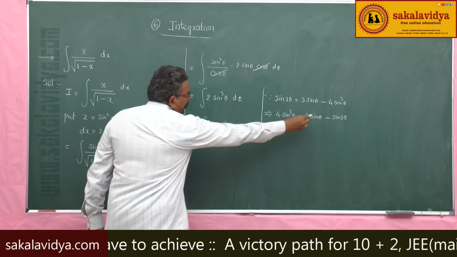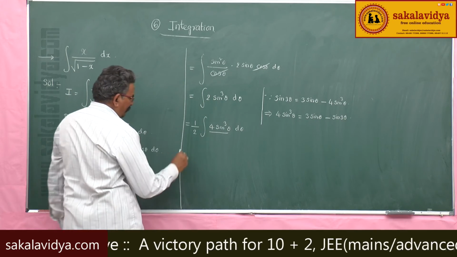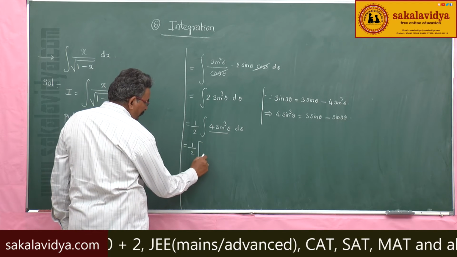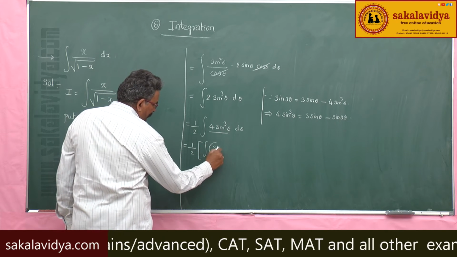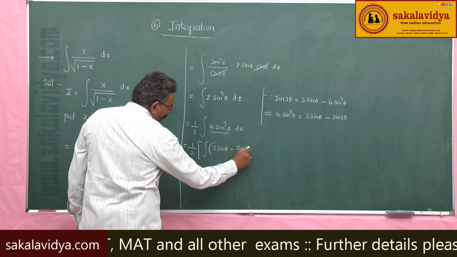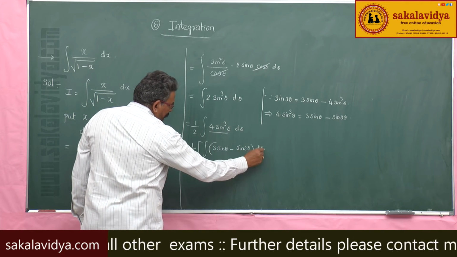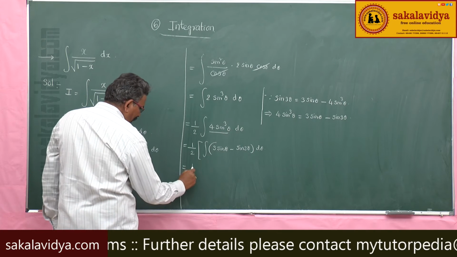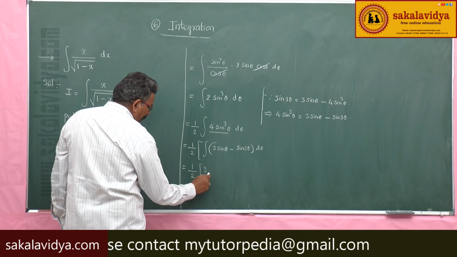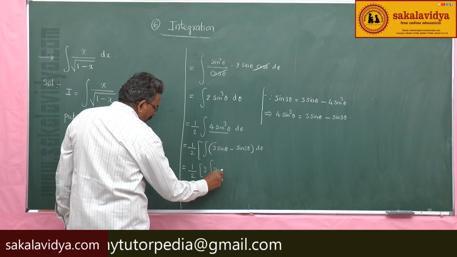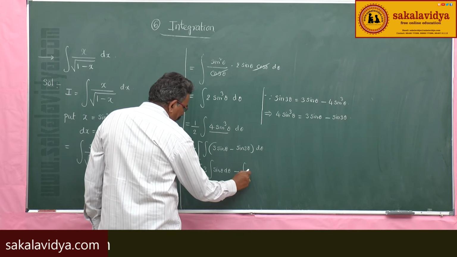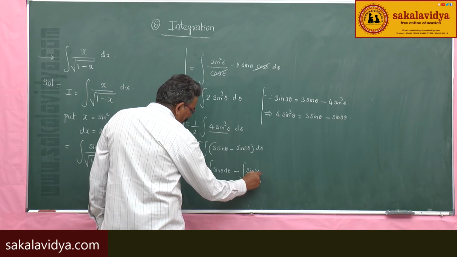This is replaced by this value. So 1 by 2 times integral 3 sine theta minus sine 3 theta d theta. This is half, 3 common, integral sine theta d theta minus integral sine 3 theta d theta.